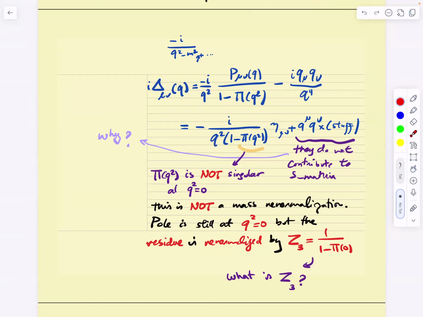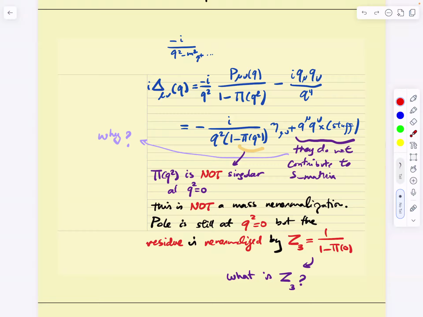Now, what is the condition that there is no mass renormalization? Pi of q squared, as q squared goes to 0, should not be singular, because this whole thing is sitting next to 1 over q squared.